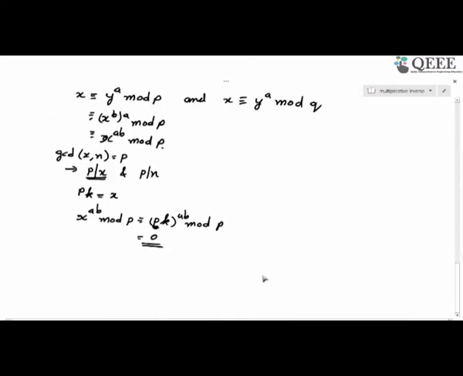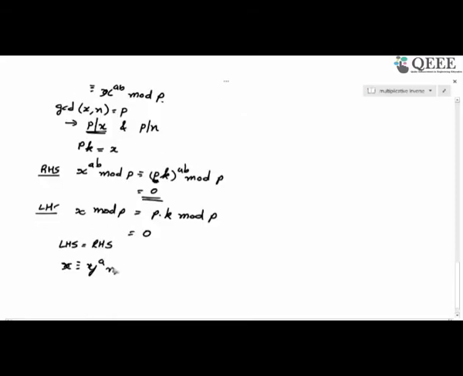Similarly, the left hand side, which is just x mod p, is nothing but p into k mod p, and this is equal to 0 as well. So we have the LHS equal to the RHS, and therefore indeed x is congruent to y to the power of a mod p when the GCD of x comma n is equal to p.